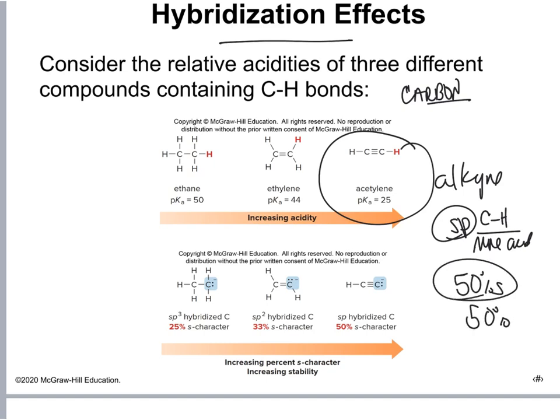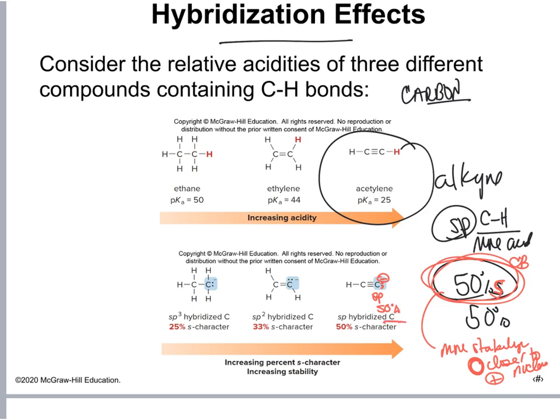The S character is more stabilizing in a conjugate base, because the structure with the S is spherical, right? And it's closer to the nucleus. And what's in the nucleus? Positive charge, which stabilizes a negative conjugate base. So when you have these negatives here on an sp carbon, 50% S, it's going to be more stabilizing.